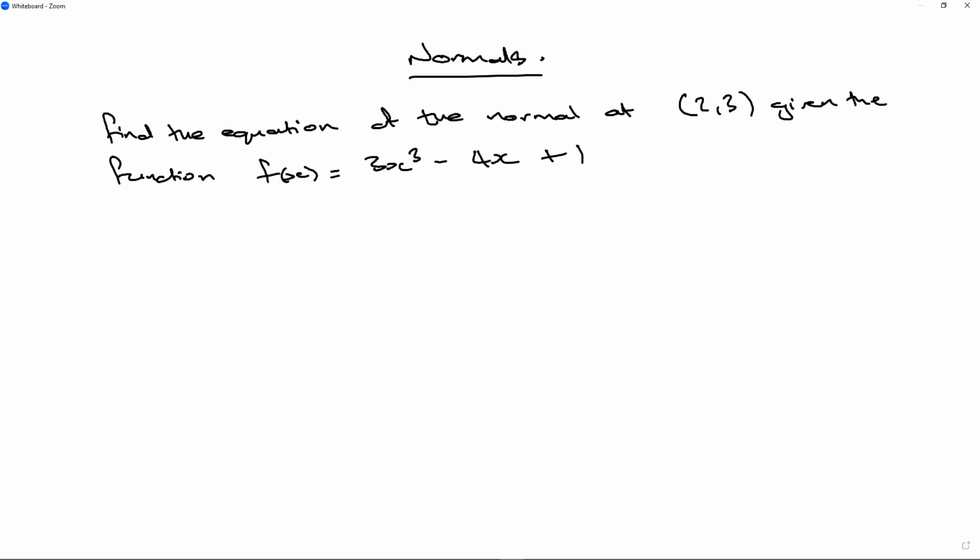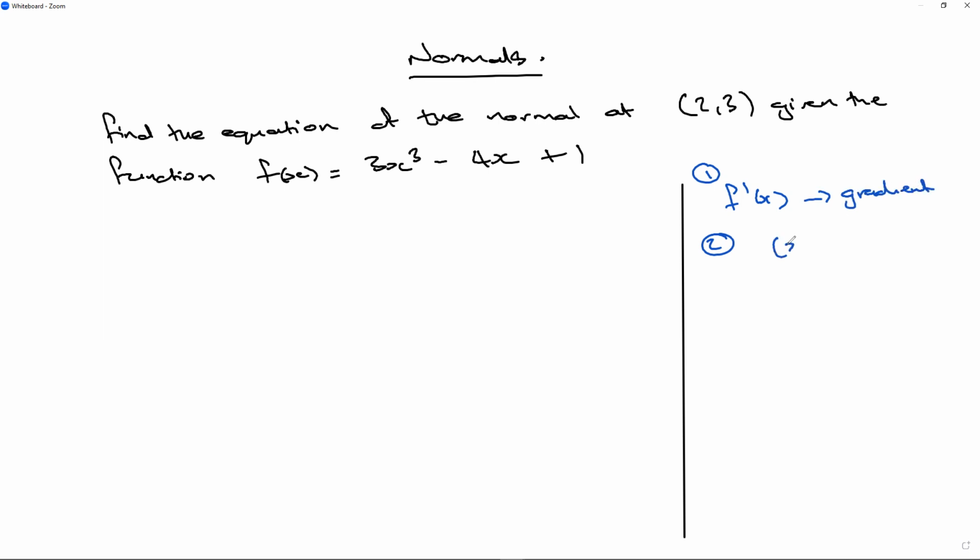The steps behind this, if we have to put it in steps, we could do that. The first thing I'm going to do is differentiate the function. So I'm going to find f'(x), step 1. Once I've found f'(x), this, remember, is the gradient.